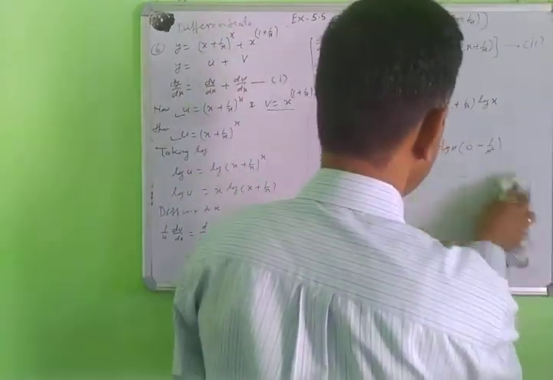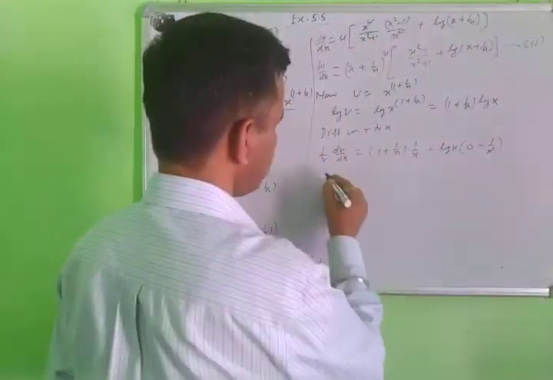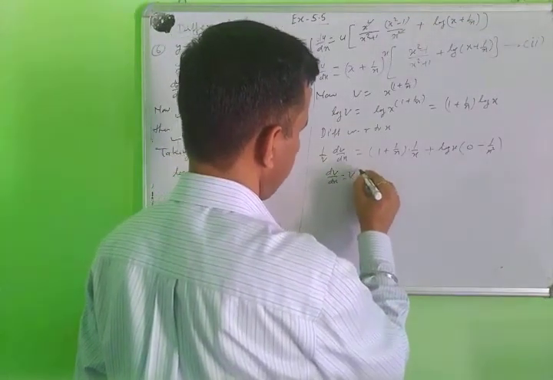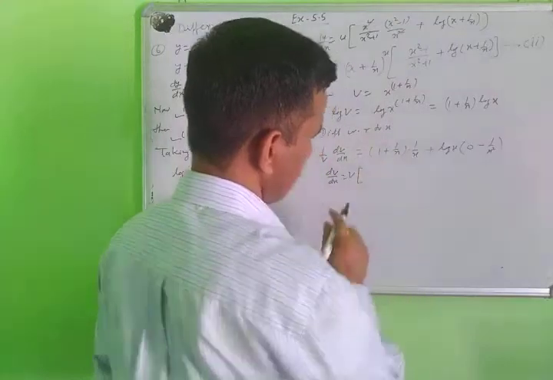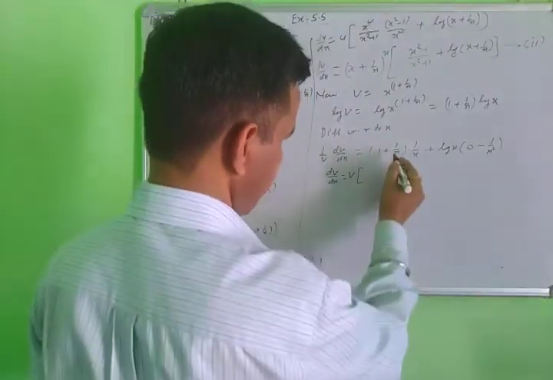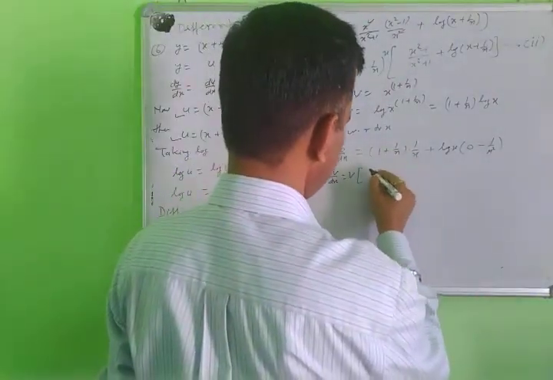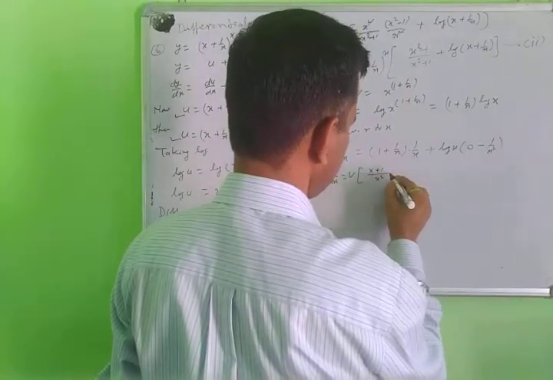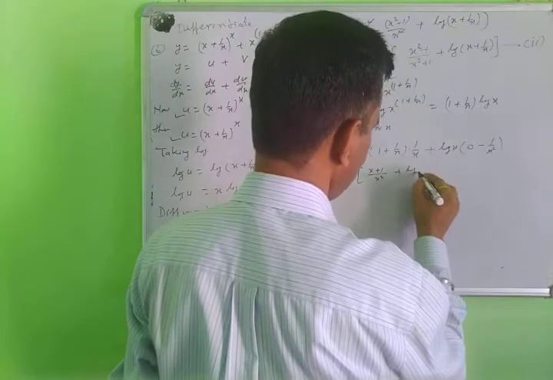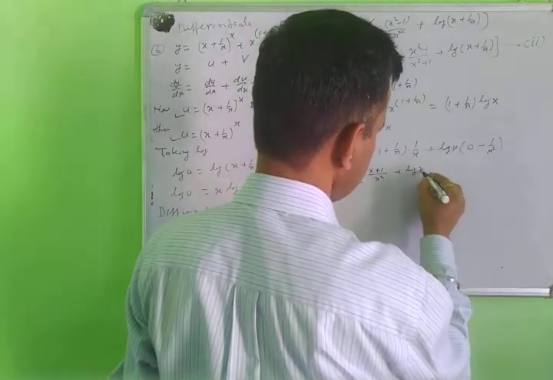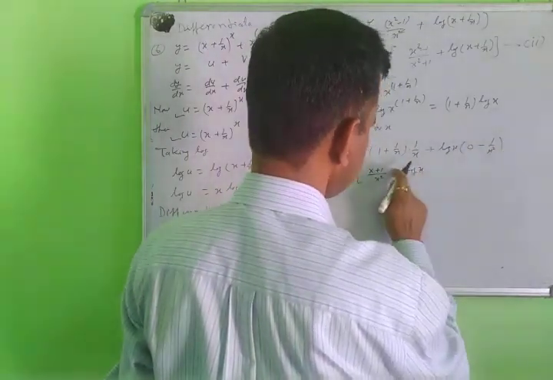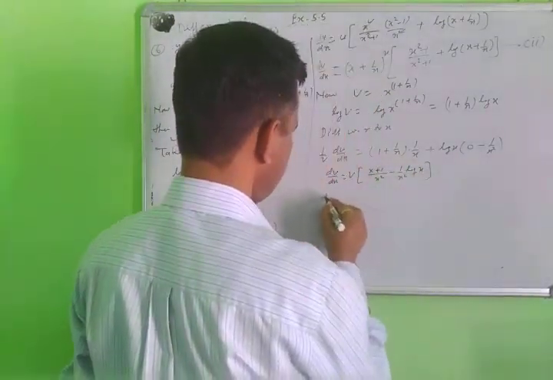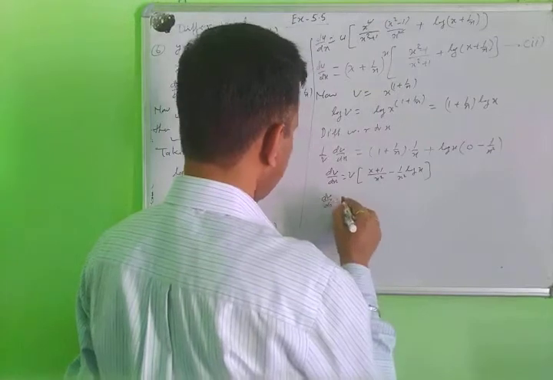Next, you will write dv over dx equals v times, calculating here, x plus 1 upon x into x square plus log x, and this minus here will become minus 1 upon x square also. So now dv over dx: what is the value of v?